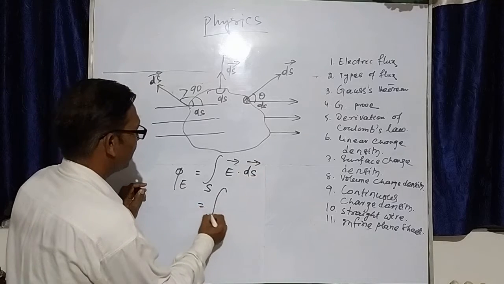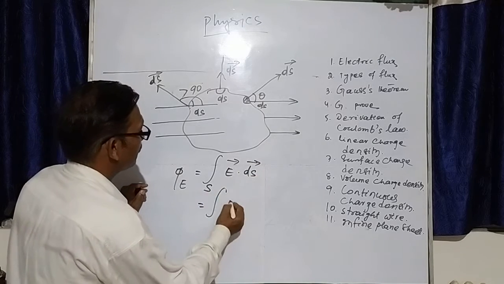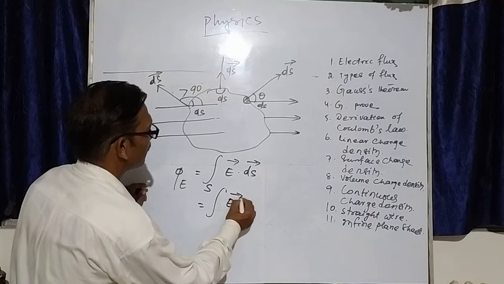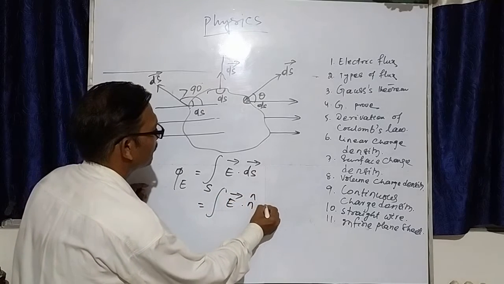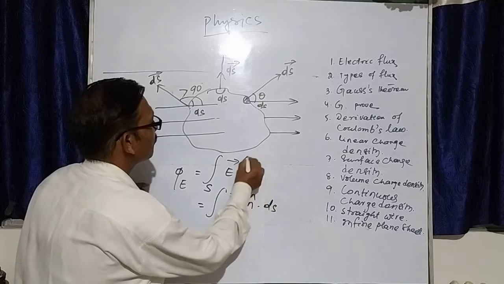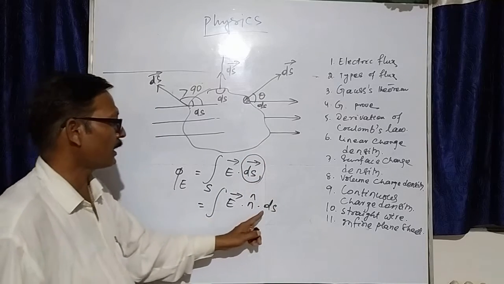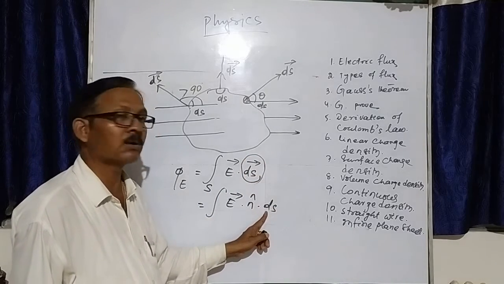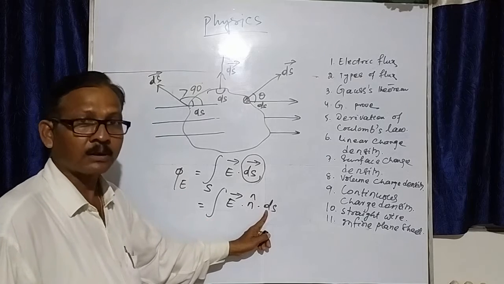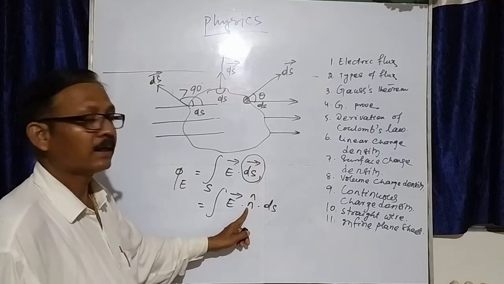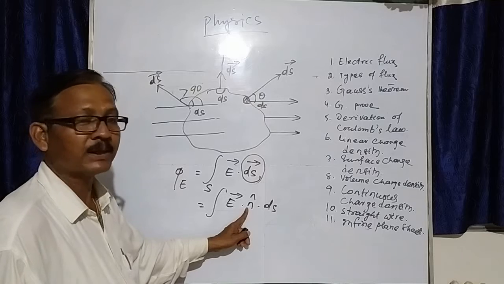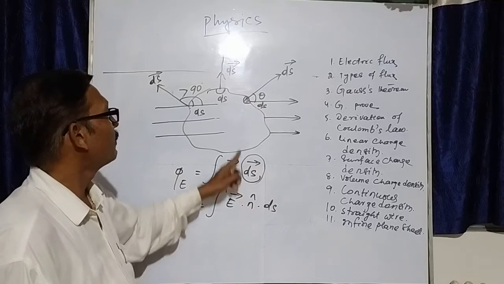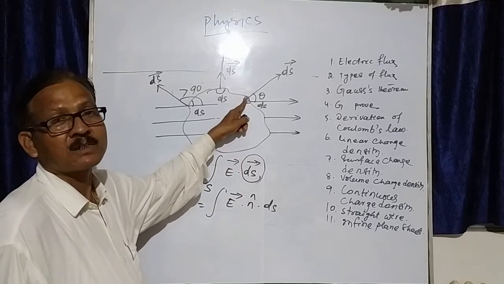This you can also write as E vector n cap ds. If you simply take the magnitude, ds is the small area, and n cap is the unit vector perpendicular to the surface.